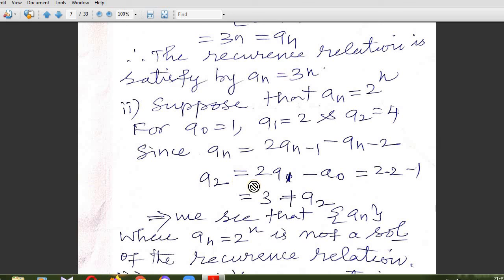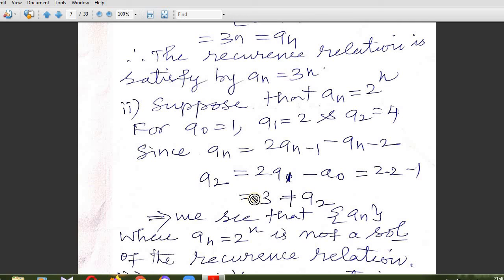When n is equal to 2, we have 2 into a_1 minus a_0. From these calculations, a_2 equals 2 into a_1, that is 2 into 2, 4, minus a_0 which is 1, so 4 minus 1, 3.